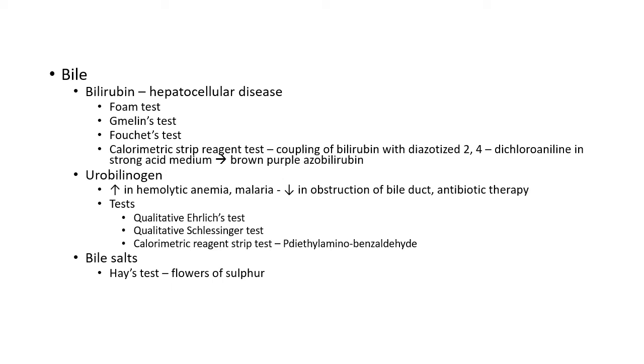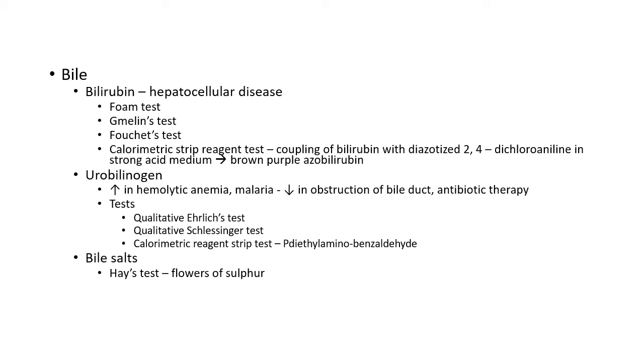The strip reagent test here is based on coupling of bilirubin with diazotized 2,4-dichloroaniline in a strong acid medium to form a brown-purple azobilirubin compound. The color of this compound ranges from various shades of tan.